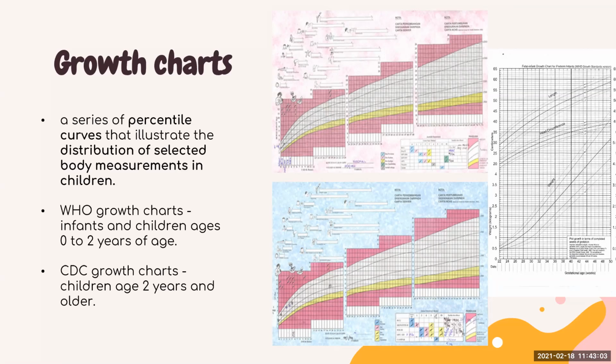So the standards are very important, as they let us check the growth and development of the child. Okay, it looks simple for blood pressure, and also for the weight, height and head circumference, but it is very, very, very important.